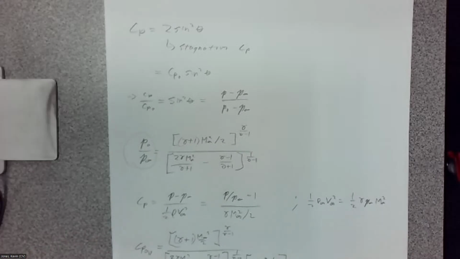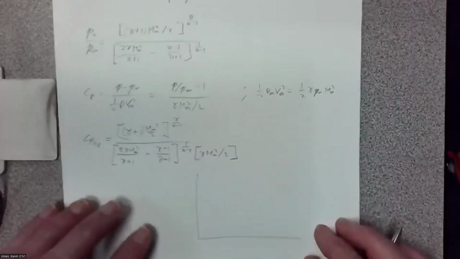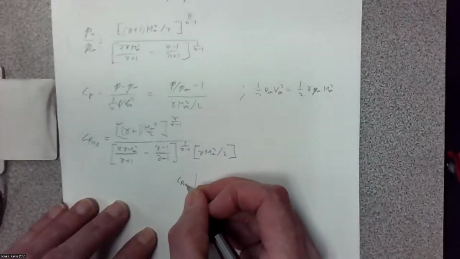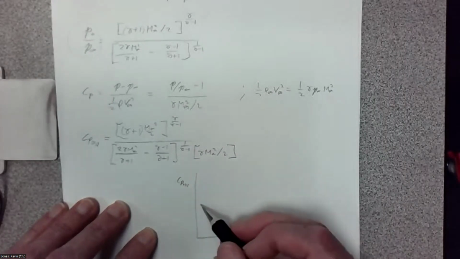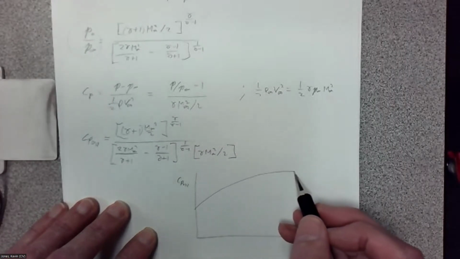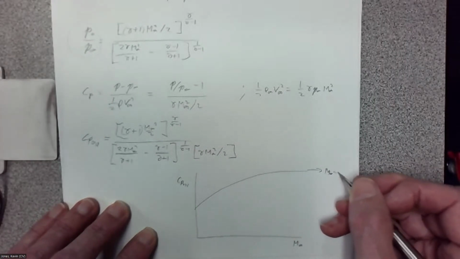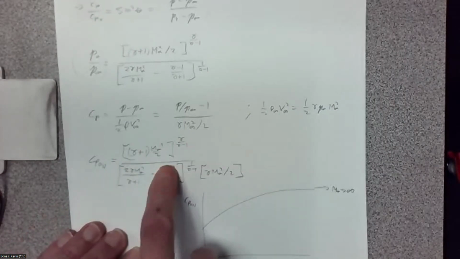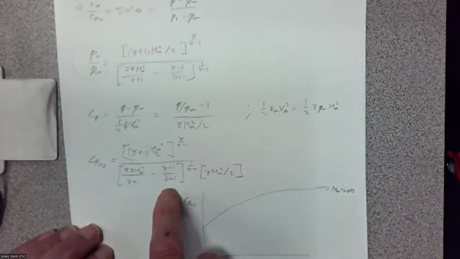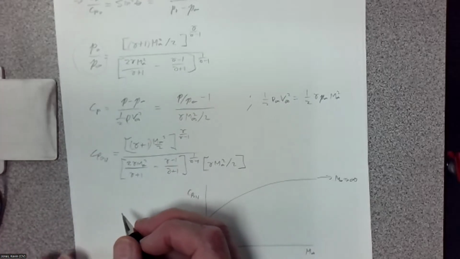There's a plot for it. You do it as a function of Mach. So here's my Cp naught n. Here's my Mach. It looks something like this. And asymptotically, if you do a limit on this for Mach going to infinity, it actually has a limit.